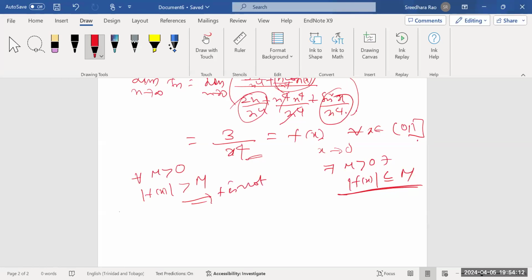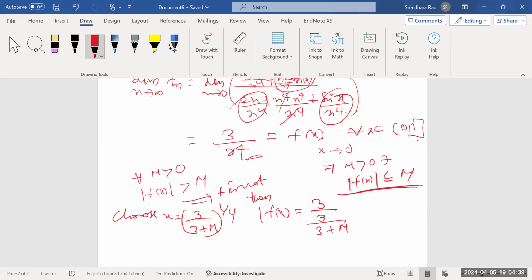So now I am going to choose x equal to (3 over (3 plus M)) to the power of 1 by 4. Then you can verify modulus of f of x is equal to 3 over 3 over (3 plus M), that is, 3 cancels, we will get 3 plus M, which is greater than M. So modulus of f of x is greater than M. So that implies f is not bounded.